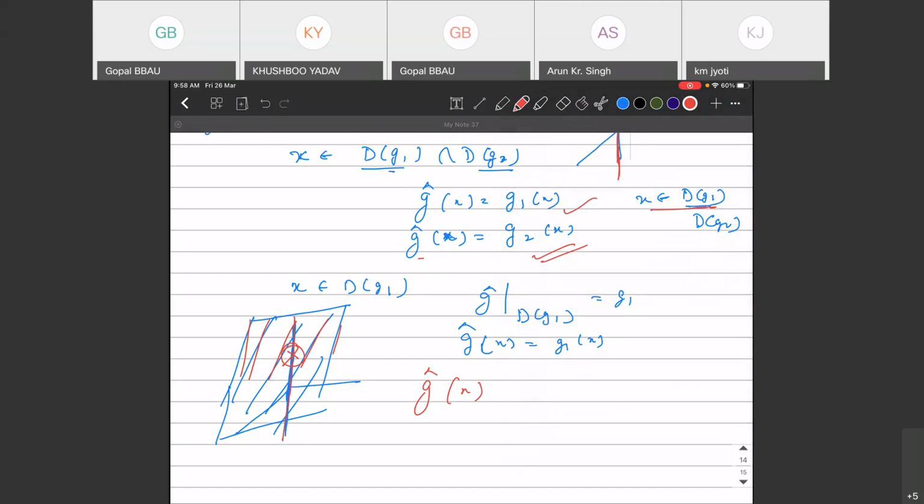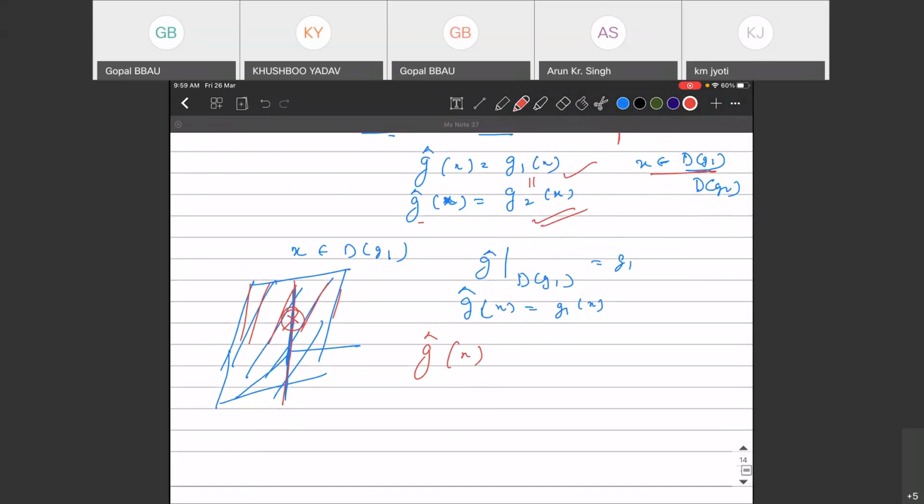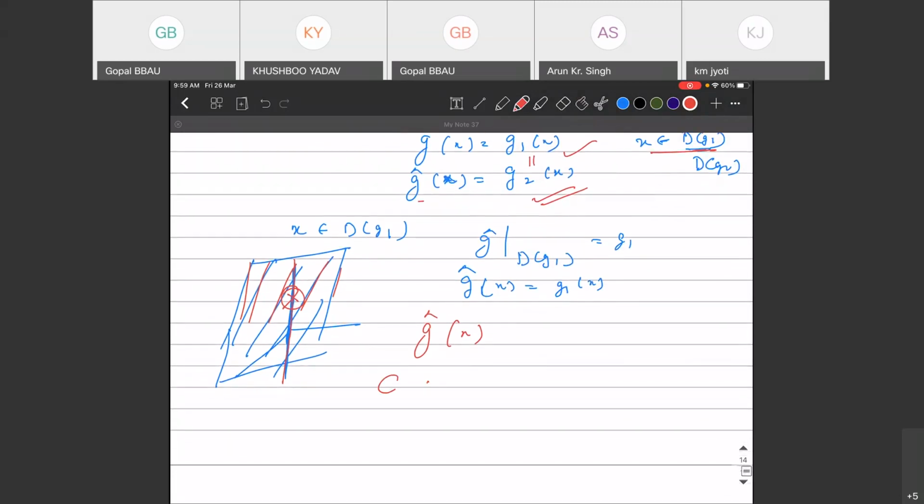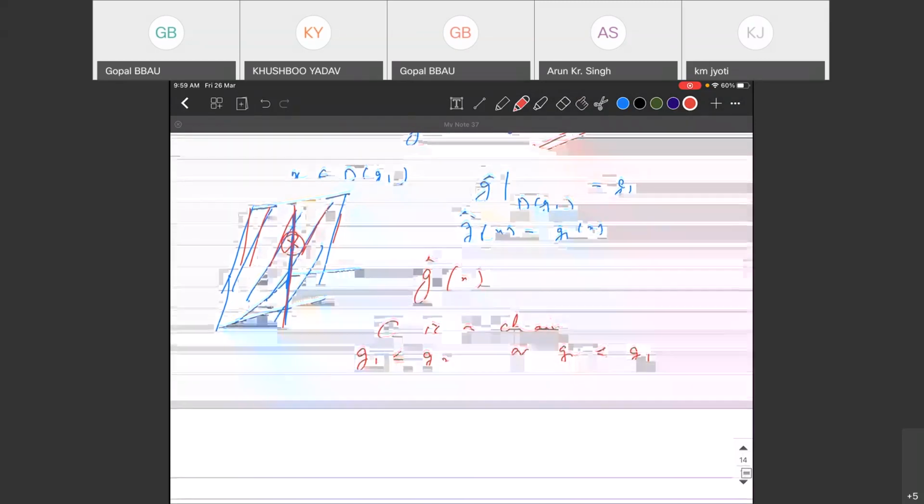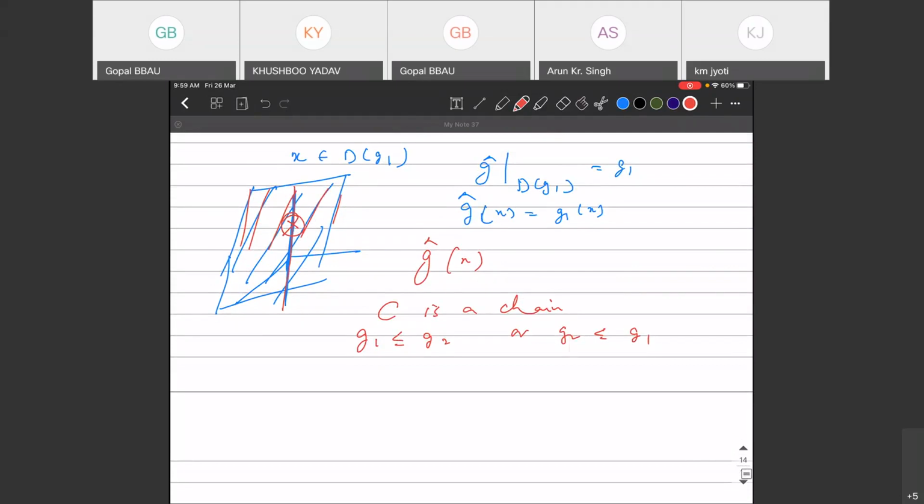So let's see whether G1 equals G2 or not. Since C is a chain, this means G1 is less than or equal to G2, or G2 is less than or equal to G1. So G1 of x equals G2 of x, and from the other case, G2 of x equals G1 of x.